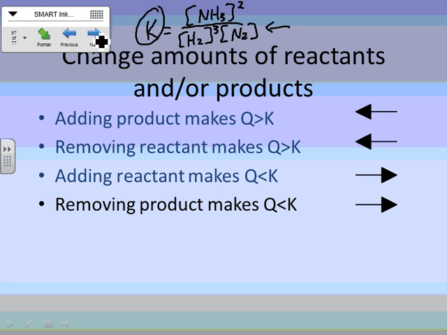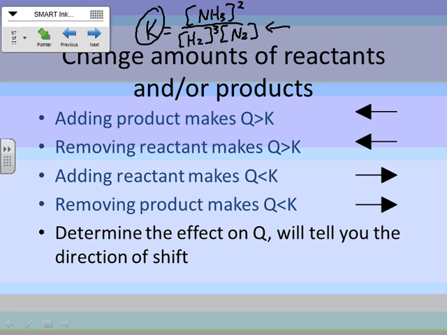So if we change the concentration of one of these things, then the equilibrium has to shift in order to get back to our K value. Okay? So again, I think this is maybe a little more confusing way to think about it, but mathematically, if it works in your brain to think mathematically like this, then that's just another way of thinking about it.